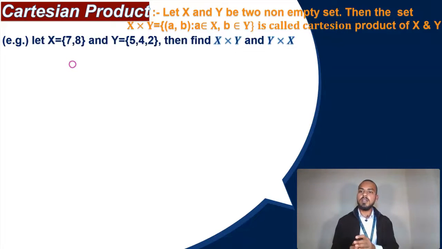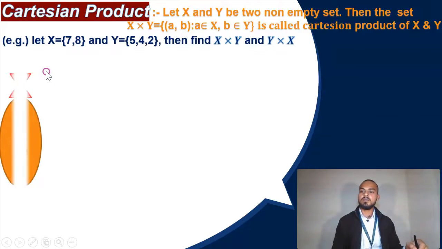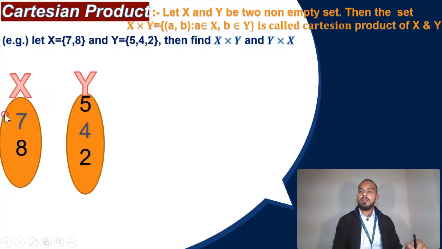Suppose x has two elements 7 and 8 and y has three elements 5, 4 and 2, and we want to find the Cartesian product from set x to set y. So how to find it? It is very simple. First of all, we need to write these two non-empty sets in the form of a Venn diagram representation, and now we can choose any one element from set x because we want to write the Cartesian product from set x to set y.